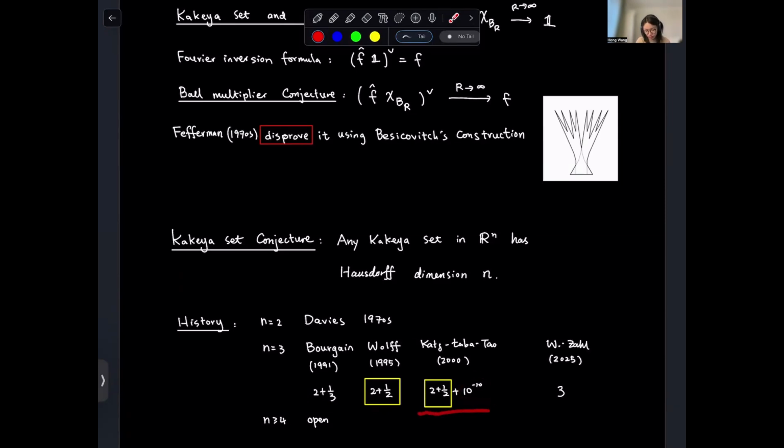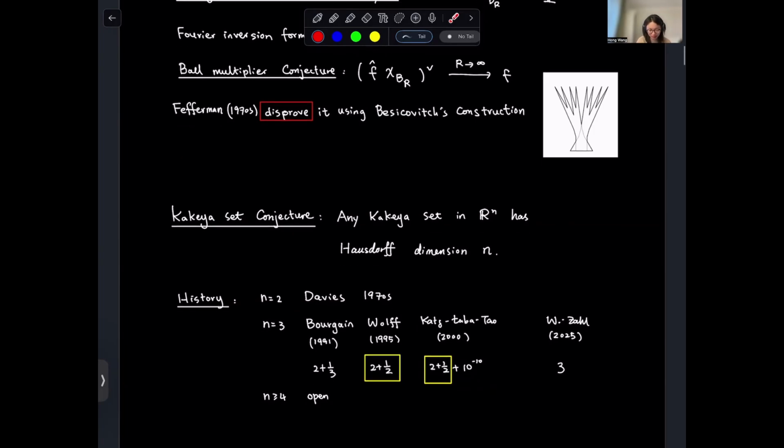This is a big breakthrough because, as we will see later, there is a theoretical barrier to improving Wolff's bound. And then, joint with Josh, we showed that any Kakeya set in R^3 has Hausdorff dimension 3. The conjecture in dimension n greater than or equal to 4 is still open.